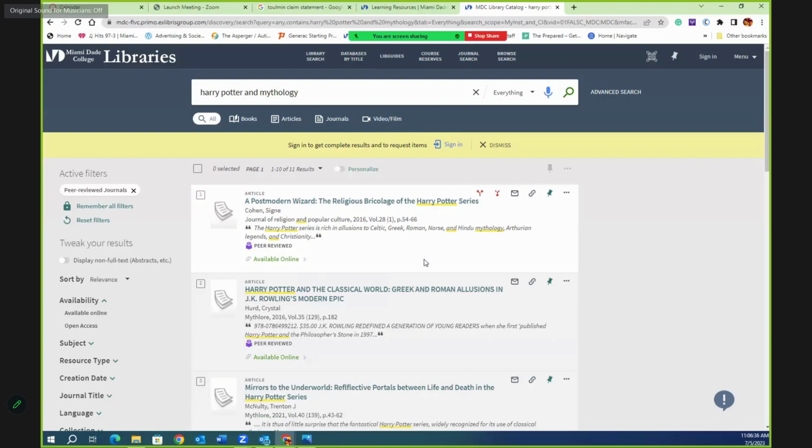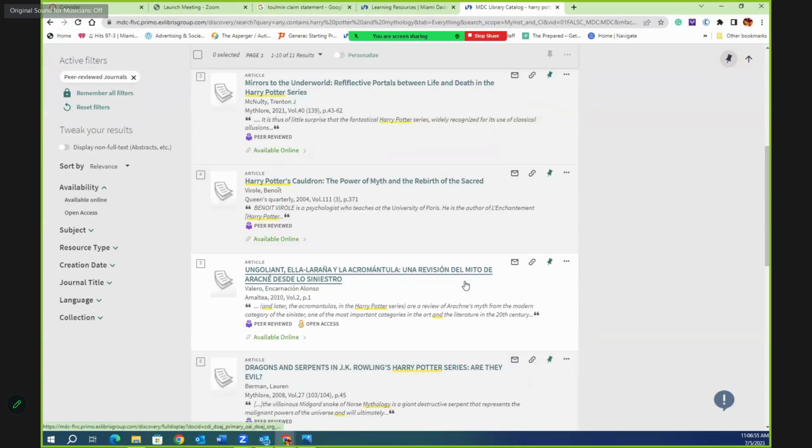So then this limits my research on Harry Potter and mythology, and you can see how it's highlighted to show me how this all came out. And it gives me a look at different ways to look at Harry Potter and mythology. Okay, and it gives me 11 articles.